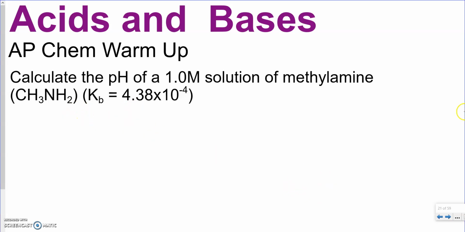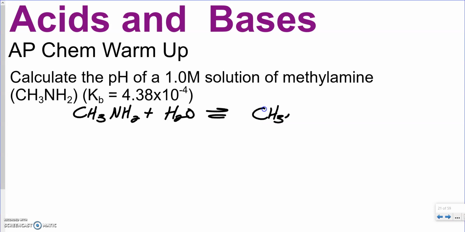Okay, so if we were solving this, the first thing we're going to do is set up our equilibrium equation. Sometimes this is given to you, sometimes it's not. It depends on the problem, but most of the time this is pretty easy to figure out, because if it's a base, all you're doing is moving the hydrogen towards the basic substance. If it's an acid, you're taking the hydrogen away and putting it towards water. So we end up with this.